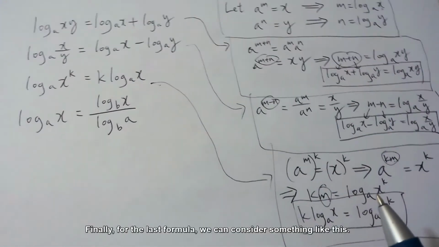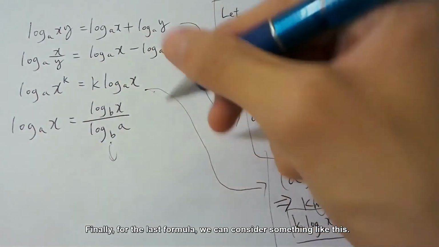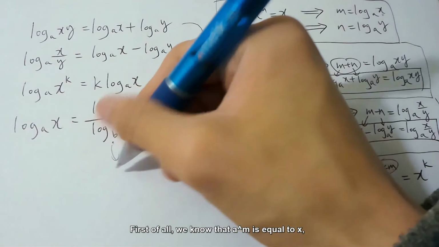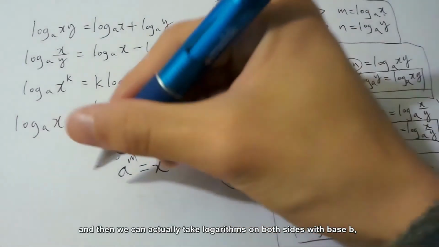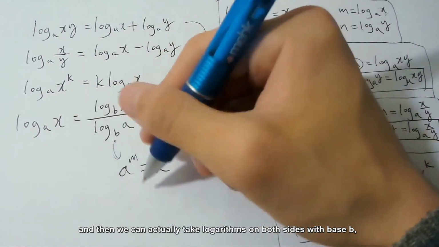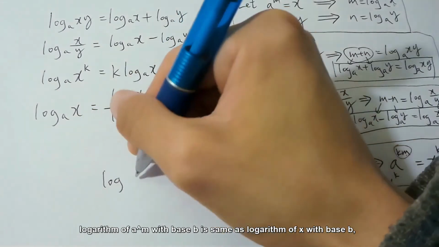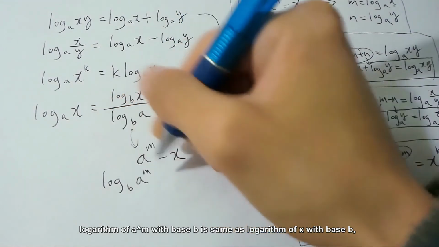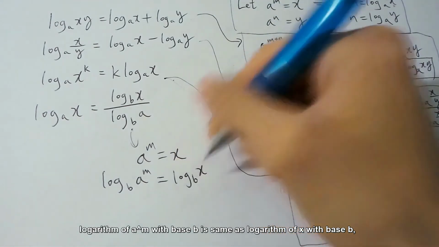And finally, for the last formula, we can consider something like this. First of all, we know that a to the power m is equal to x. Then we can take logarithms on both sides with base b. We will get the logarithm of a to the power m with base b, which is the same as the logarithm of x with base b.